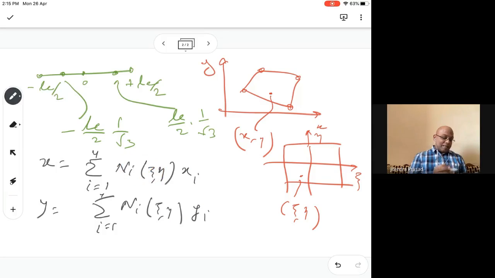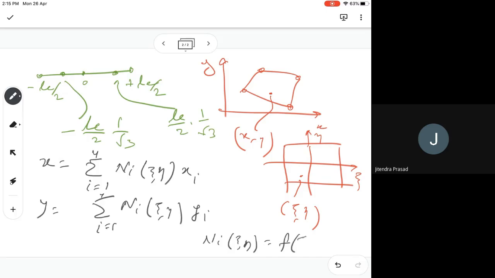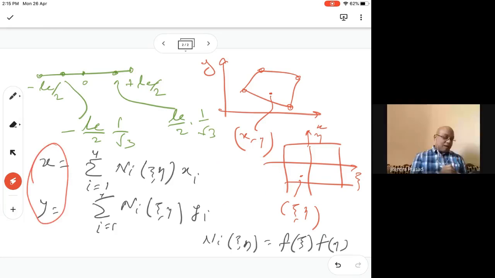Ni is a product of a function of xi and a function of eta, where these are linear functions. So we will have a constant term, xi terms, eta terms, and xi eta terms.